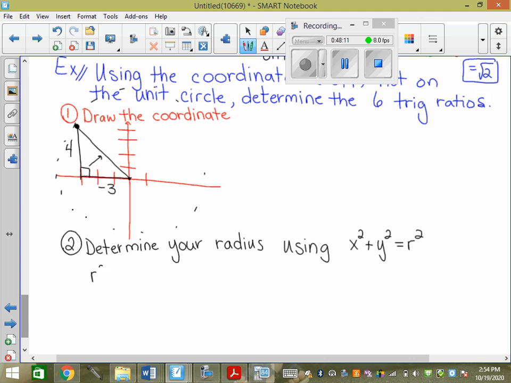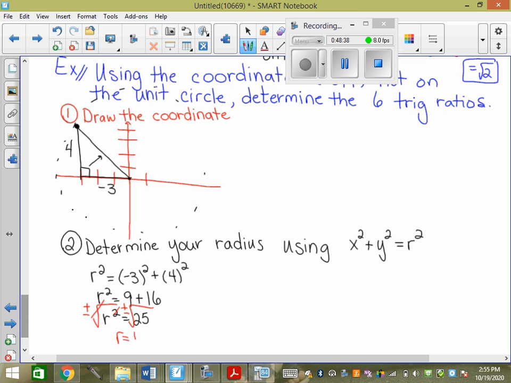So we're going to do r squared equals negative 3 squared plus 4 squared. R squared equals 9 plus 16. R squared equals 25. Take the square root. And we have to remember to put plus or minus whenever we take the square root.